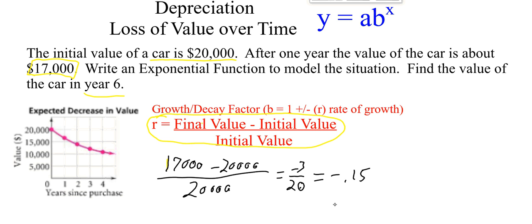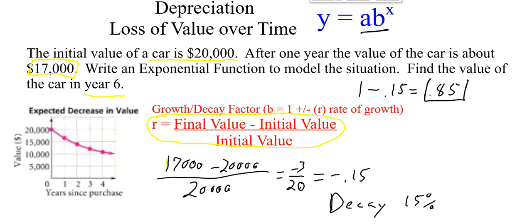So since it's negative, it's a decay of 15%. Okay, so that's my R value. So notice my B value for my equation is going to be 1 minus 0.15, because it's a decay. Okay, and you get 0.85.